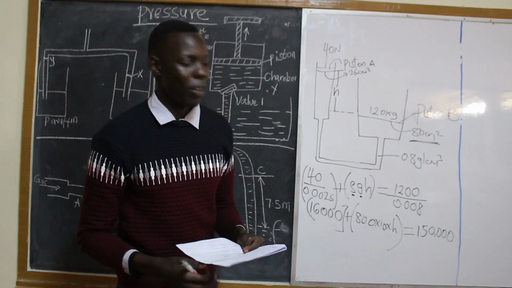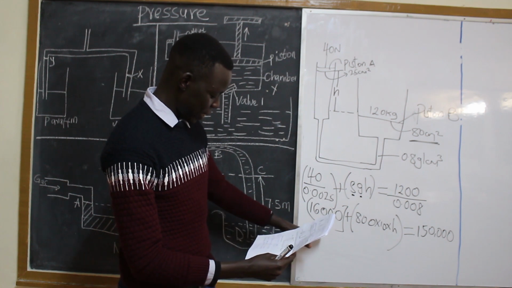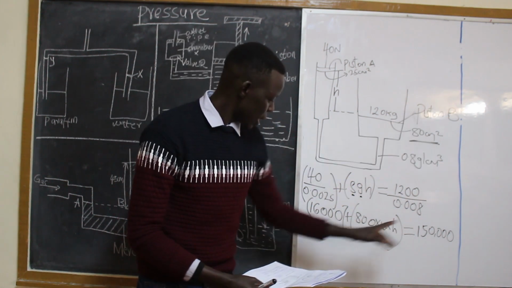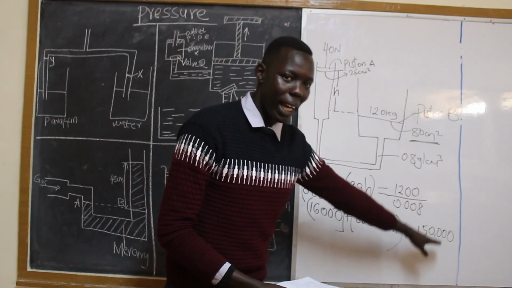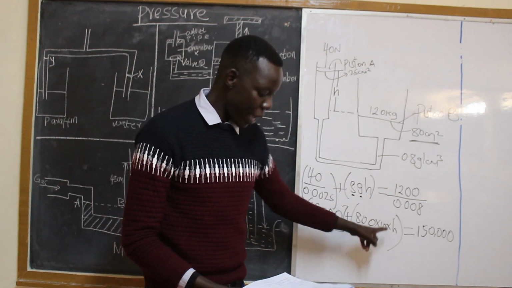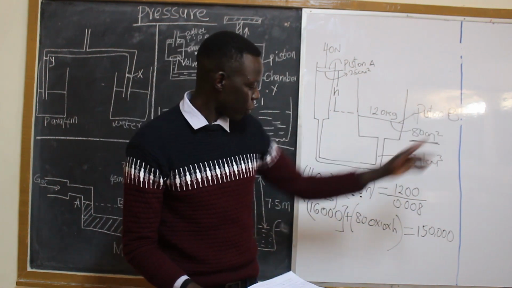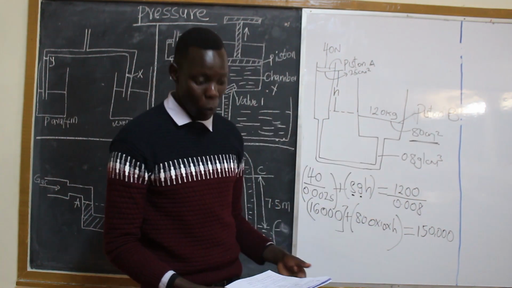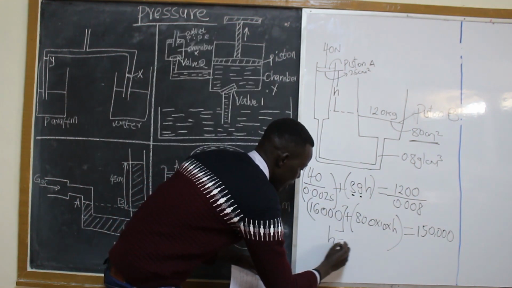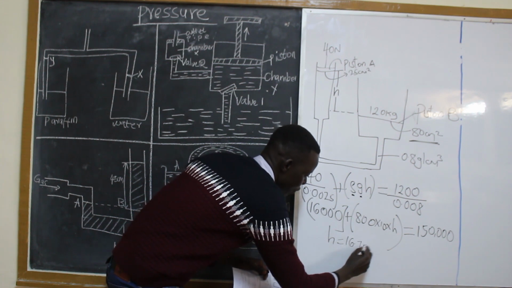Now it's becoming very simple. Take this to the other side and subtract it from the other side, in negative, giving 134,000. Now, 8,000 h equals 134,000 after subtracting; divide by 8,000 and you will get h to be 16.75.